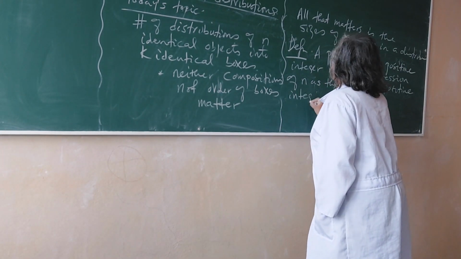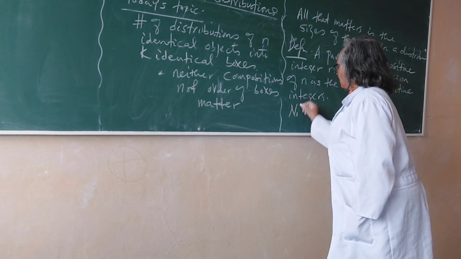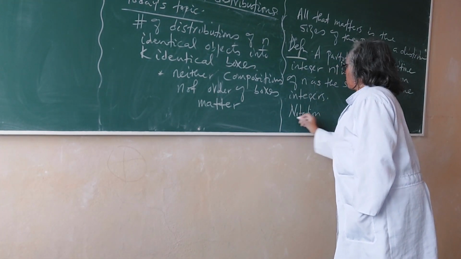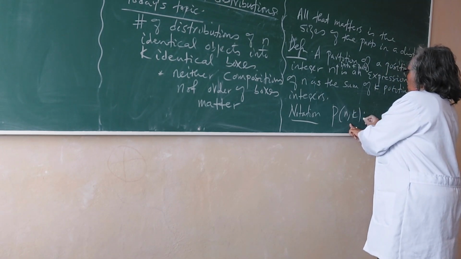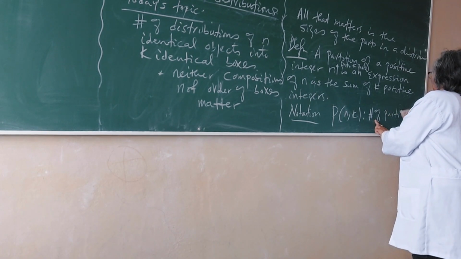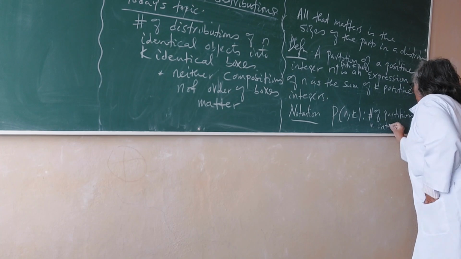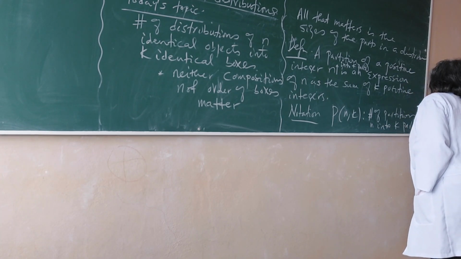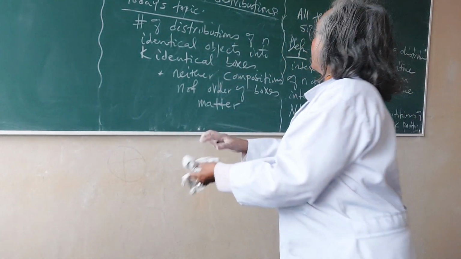The notation we use for that is P(n, k). This stands for the number of partitions of n into k parts. Okay? Into k parts.